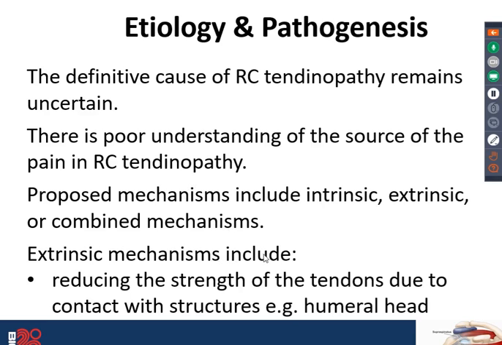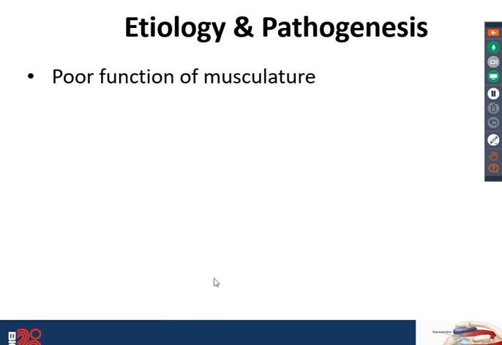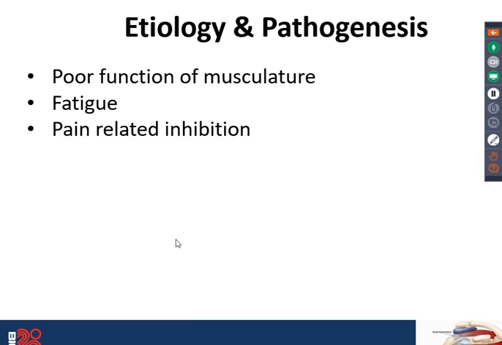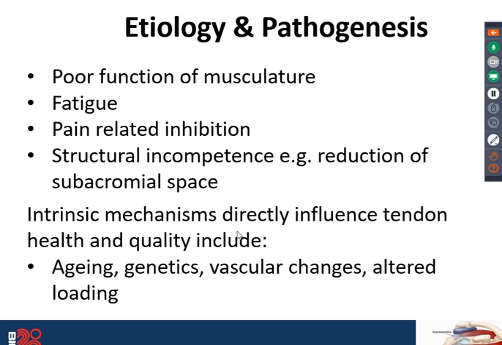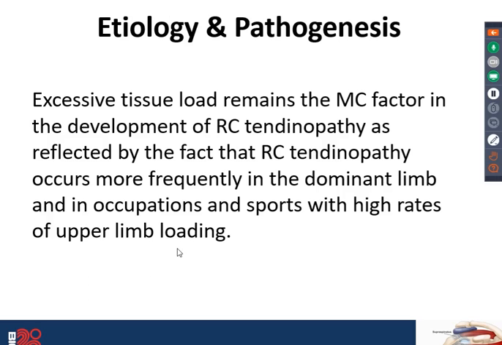Extrinsic means things like reducing the strength of the tendons due to, say, excessive contact with structures like the humeral head, weakening or poor functioning of musculature, fatigue, pain-related inhibition, so structural incompetence, for example, reduction of the subacromial space. When I'm referring to intrinsic mechanisms, that's more things like aging and genetics and vascular changes, altered loading patterns, that kind of thing as well.